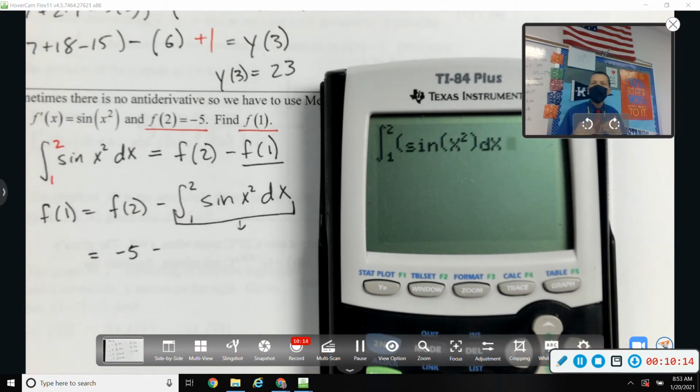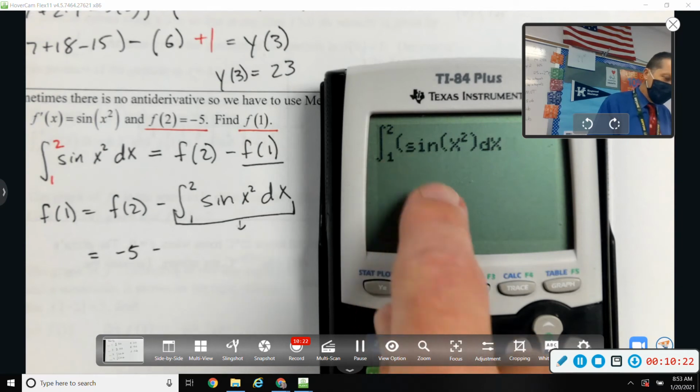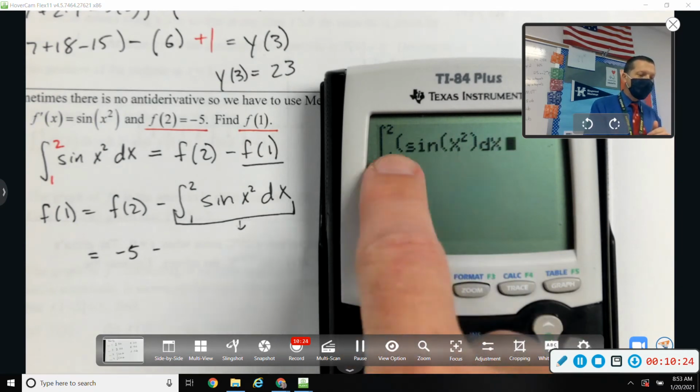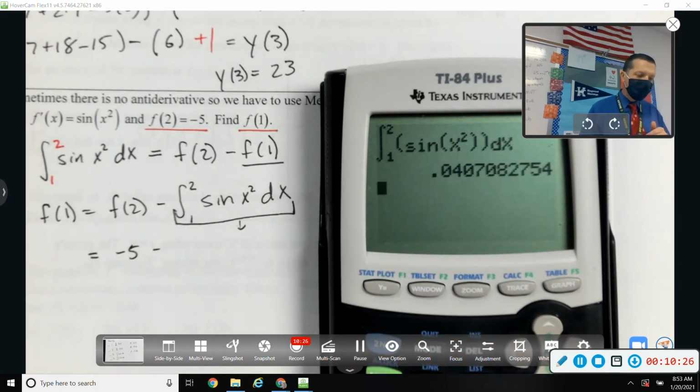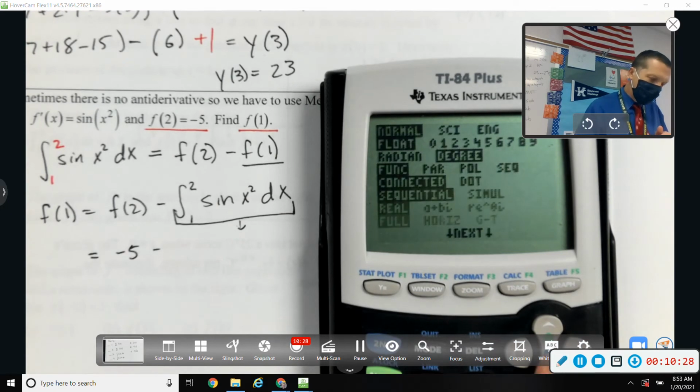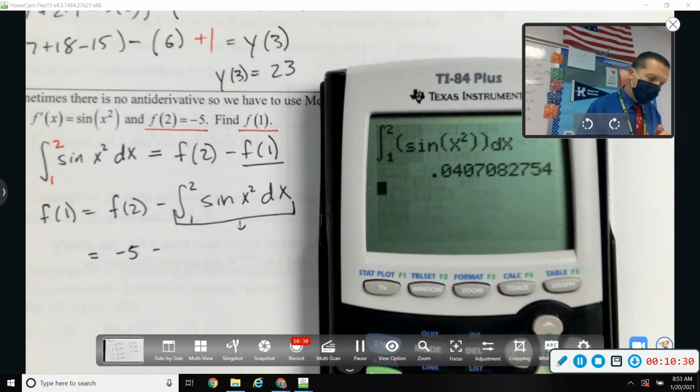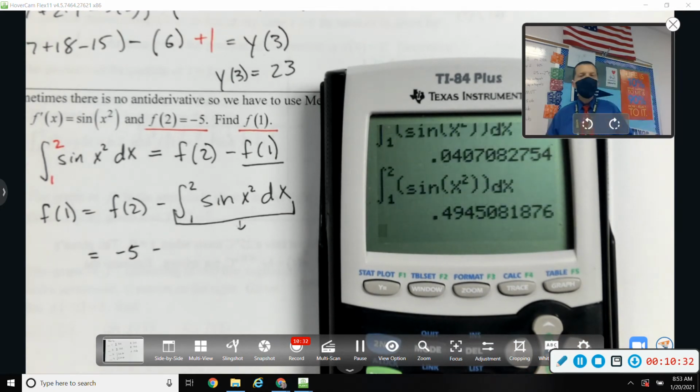And so even though we can't do that symbolically, even though I don't know what the antiderivative of sine of x squared is, the calculator basically numerically can graph that and find the area underneath it. That doesn't look right because I'm in degrees. So be in radians.